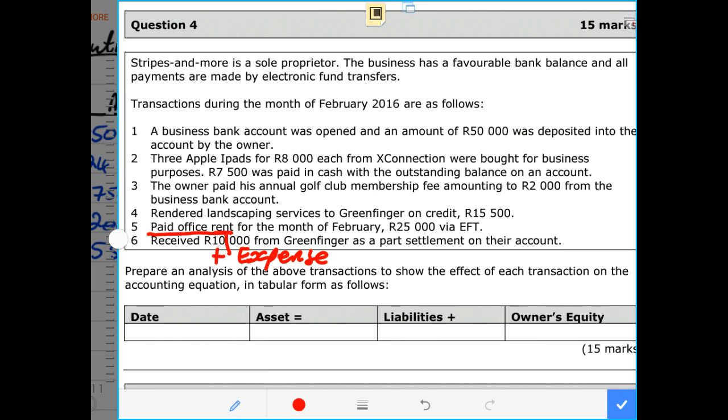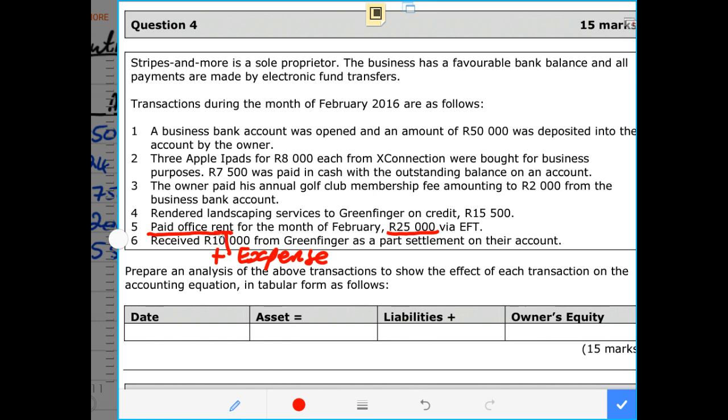But don't forget that expenses decrease owner's equity. So now the amount of the rent of 25,000 will decrease the owner's equity, and emphasizing it again, drawings and expenses decrease owner's equity. Although the rent expense is increasing, it is decreasing the owner's equity.